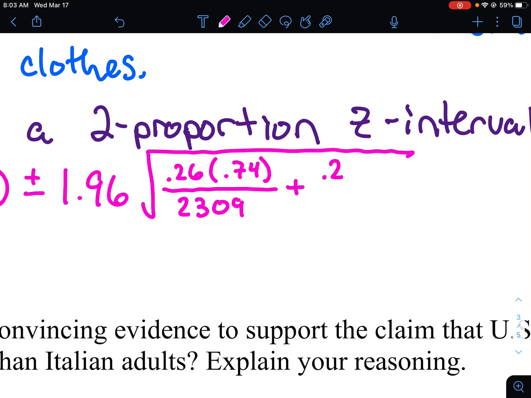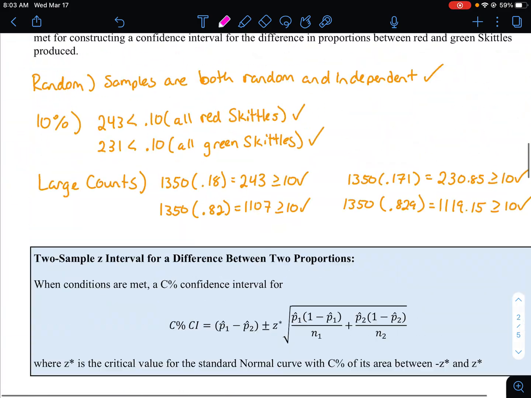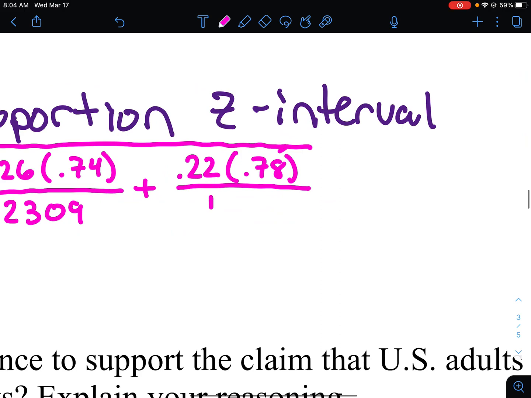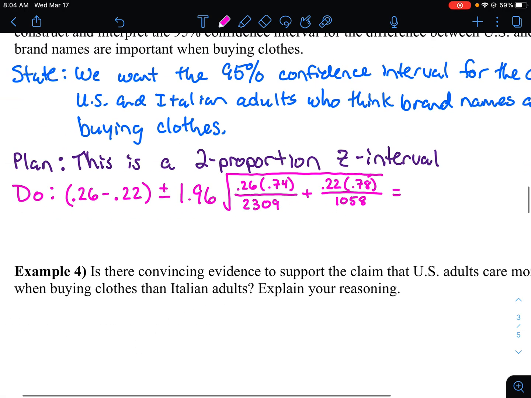Plus p hat 2 times 1 minus p hat 2 all over, I believe this was 1058, yes. And then from here, we let the calculator do the work.